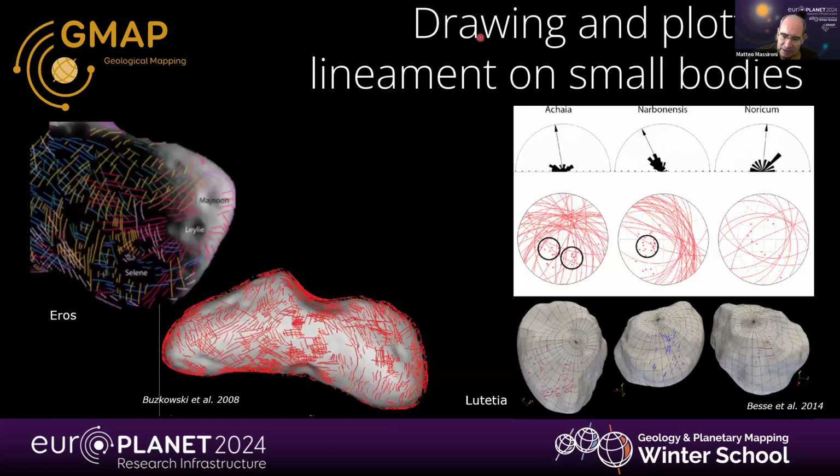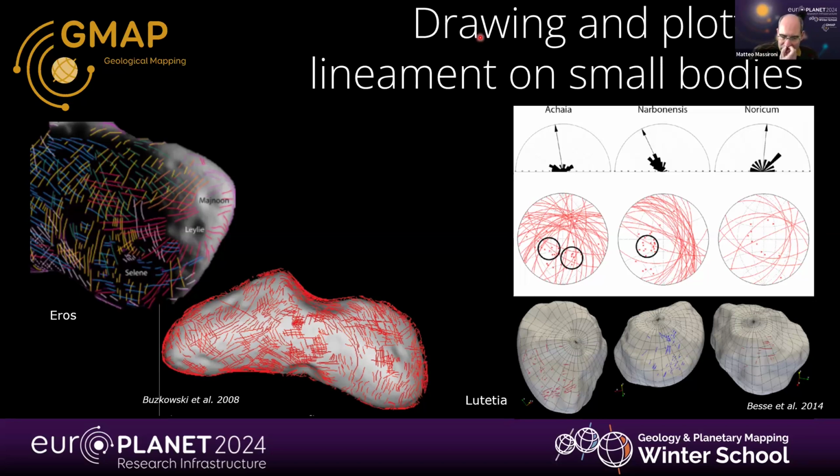Among the things that you have to map on asteroids are what we call linear features or lineaments, that could be of different origins. Many of them normally are fractures, but they could even be grooves, which is a generic term, or even some ejecta rays, for example, or chains of secondary impacts that can be visible on different kinds of small bodies like this one.